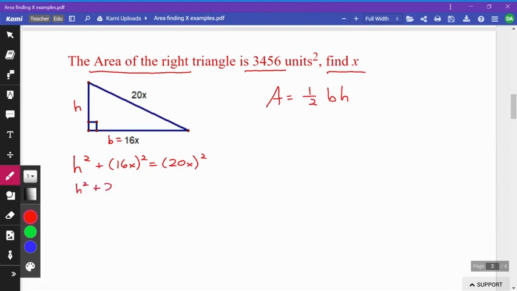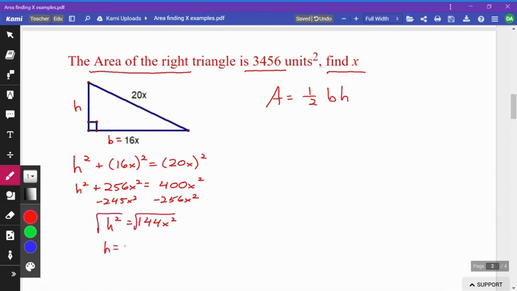Going through, this is going to work out and give me 256x squared plus 400x squared. If I subtract this over, I get h squared equals 144x squared. Now take the square root. That gives me h equals 12x.